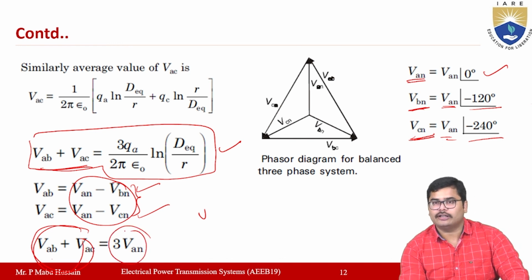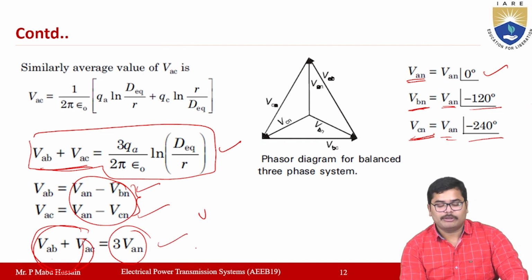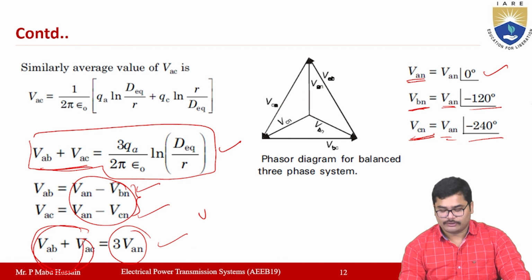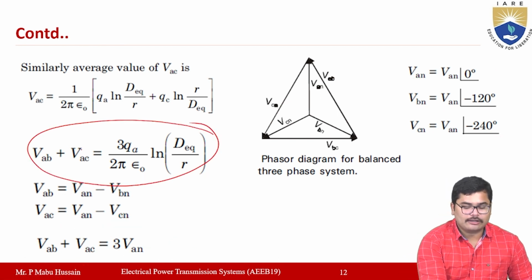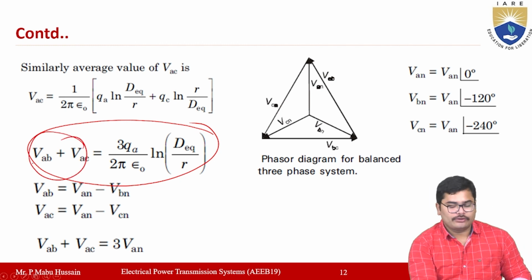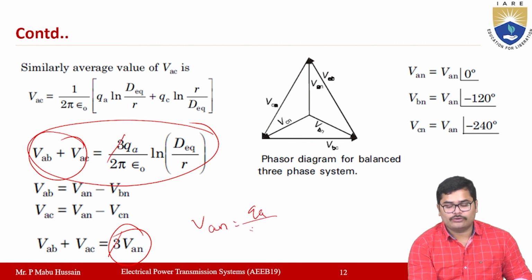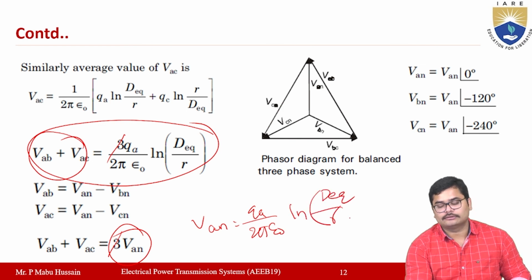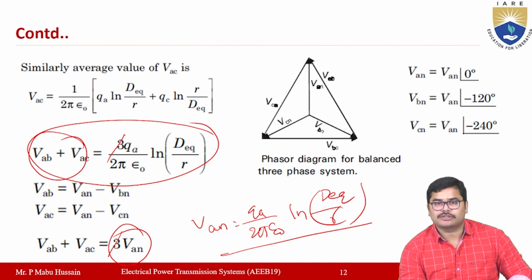We already derived this in the previous slides, so I am directly writing it here. In this equation, instead of VAB plus VAC, you can write 3 VAN. Now 3 will get cancelled. So VAN is equal to QA by 2 pi epsilon naught ln D equivalent by R. This is the per phase voltage in a 3-phase asymmetrical transmission line system.